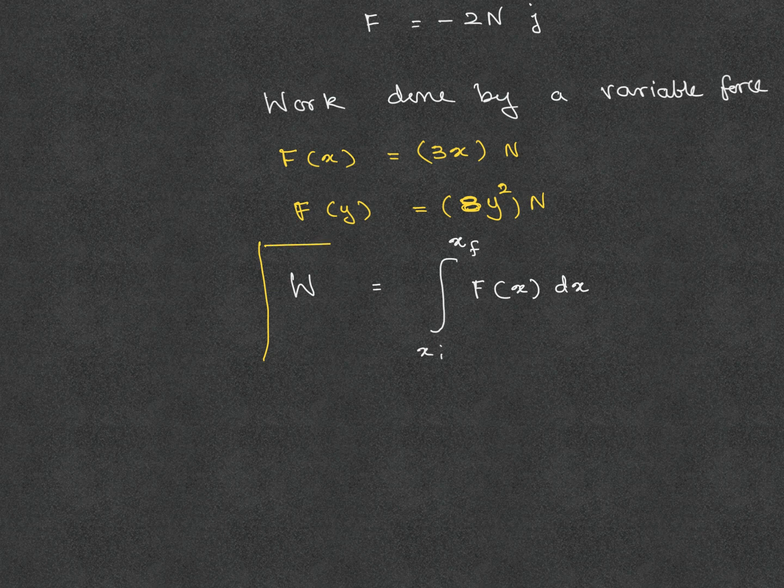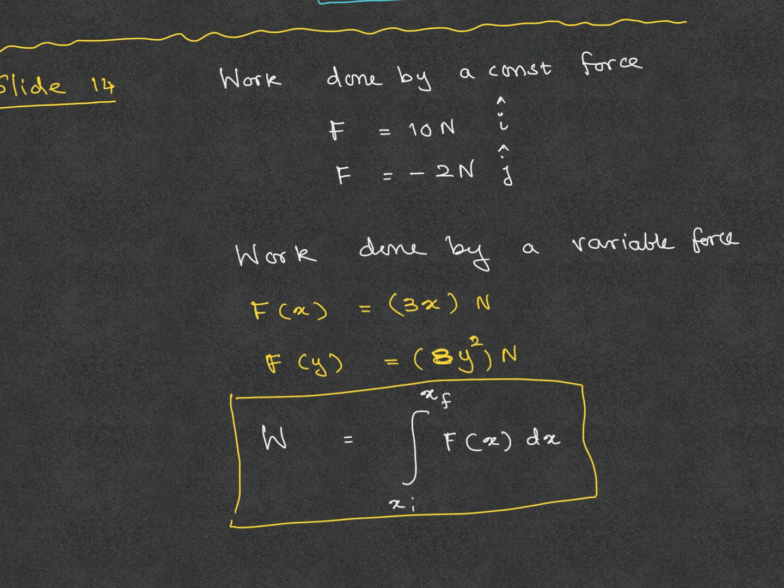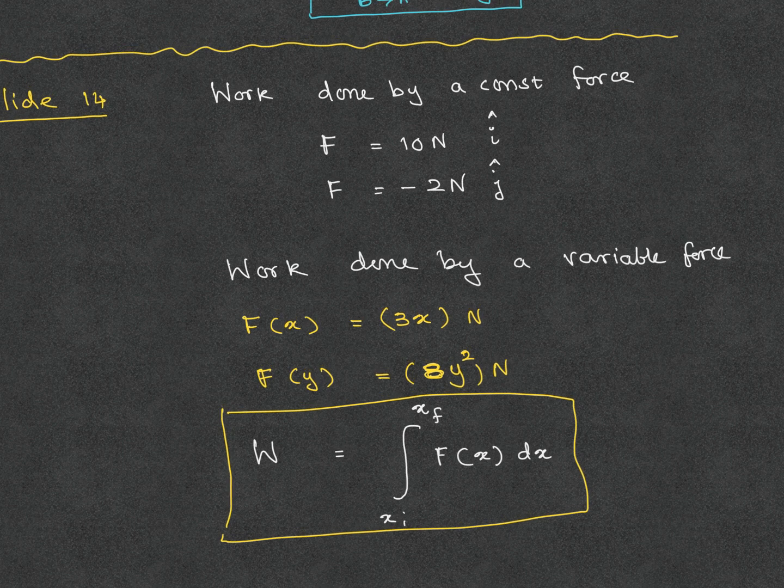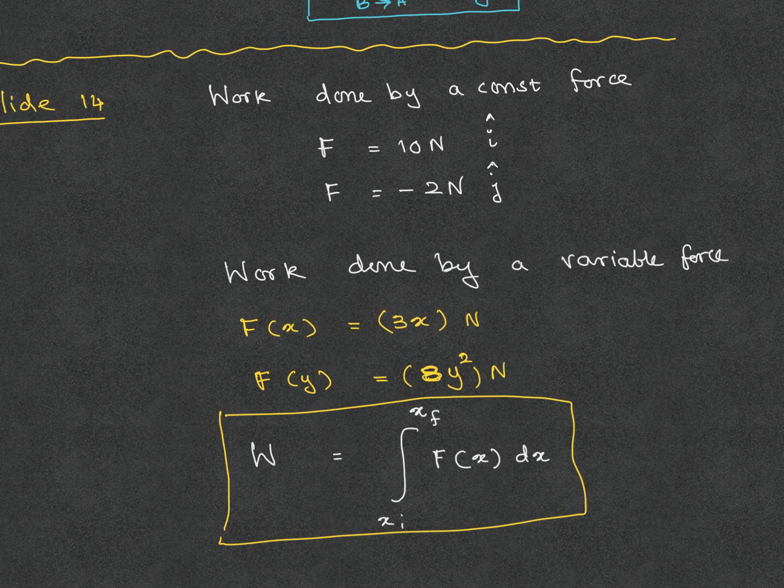Now this equation can be put inside a box, and if it is F(y), then you have to do the integration going from y initial to y final, with dy.